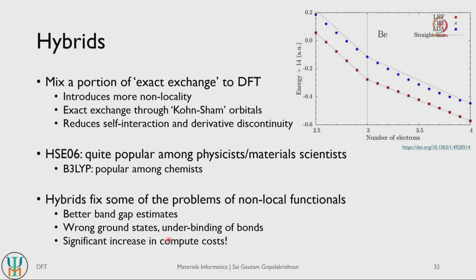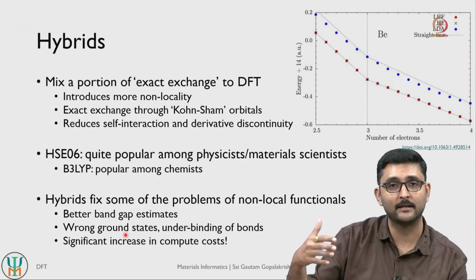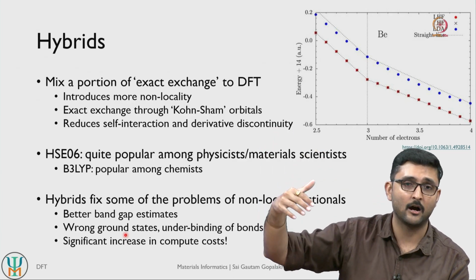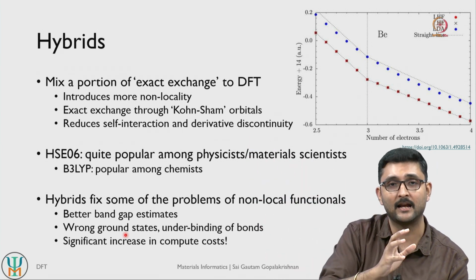And the main problem with most of the hybrid functionals is that they result in a significant increase in computational cost, right, because Hartree-Fock calculations do not scale cubically. They have n to the power 5 or n to the power 7 scaling, whereas regular DFT has n cube scaling.